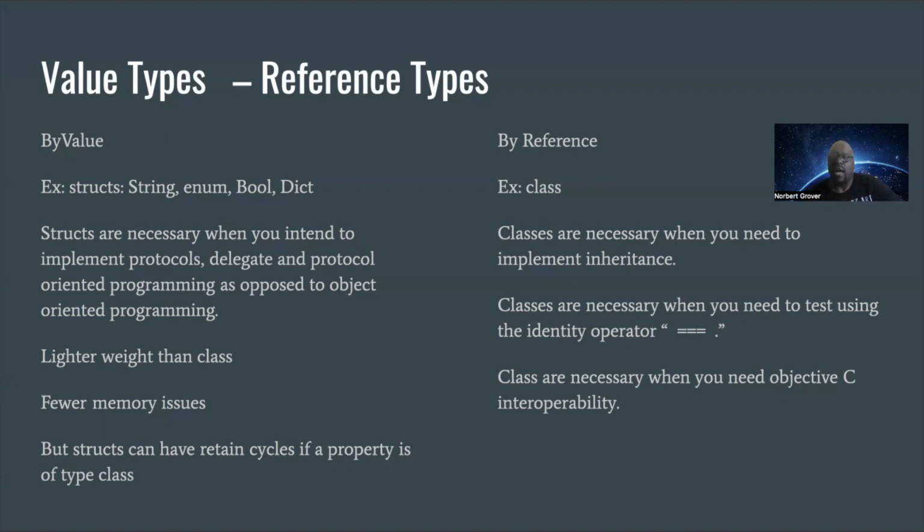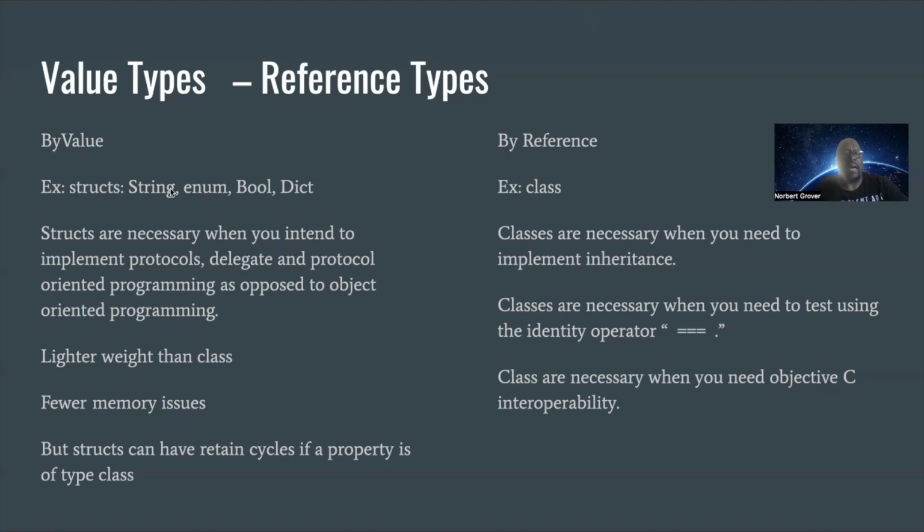And of course, I have a tutorial that talks about by value and by reference, structs and classes, so this is kind of recovering some of that. But let's go over this and look at some more differences, right? Examples of by value are structs, enums, things like string, bool, dictionary. These are all by value.